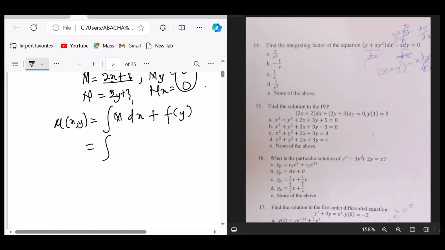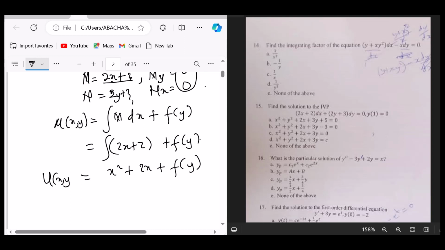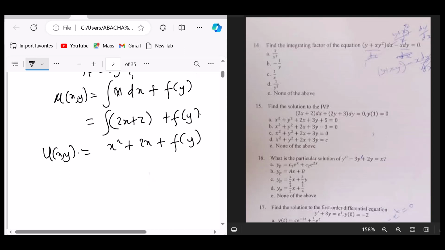Right now our M is 2x plus 2, so we get x squared plus 2x plus f(y) as our u(x,y).